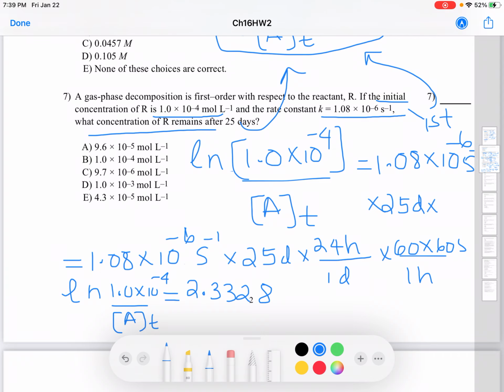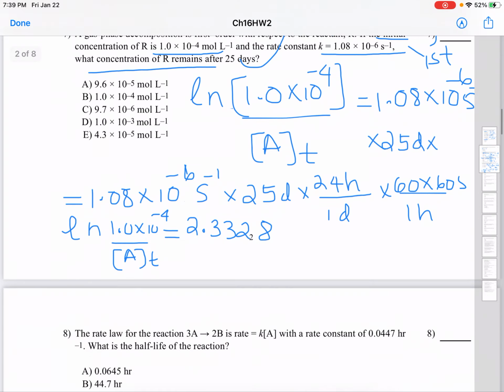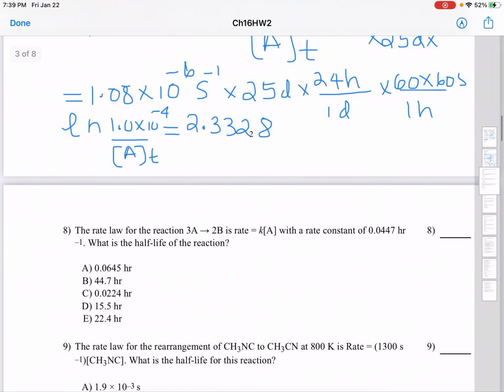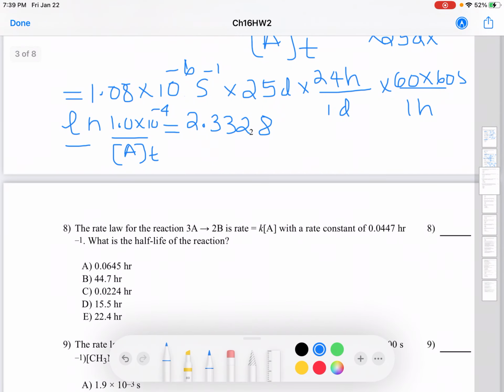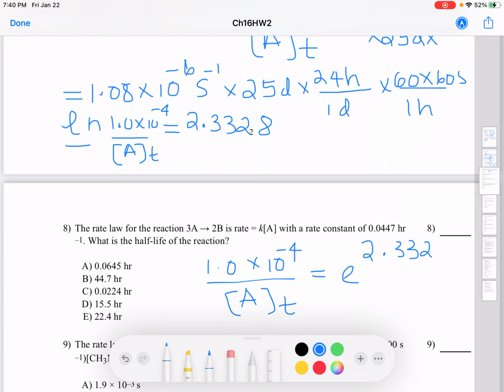Now what are you going to do now? Remember the procedure we did earlier? To get rid of the ln from the left side, you take the anti-log. So that will make this part 1.0 into 10 to the negative 4 over AT, and the anti-log would be e to the 2.3328.